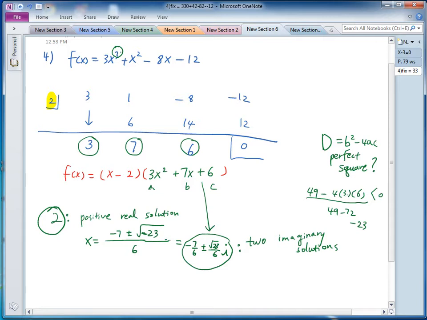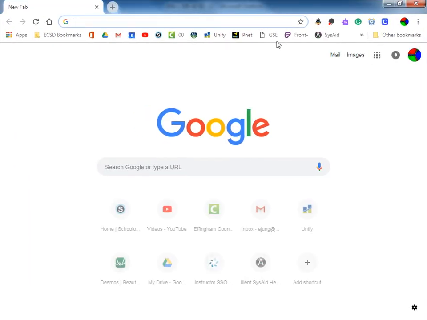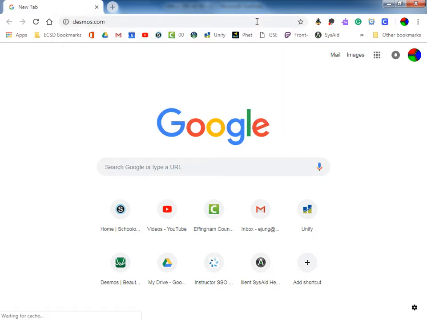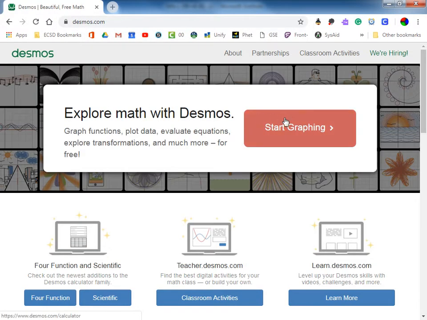And now let me show you how you cheat if you have a TI-84, okay? Alright, here is my calculator, not a calculator actually. Desmos.com. Let's see, I did number 4, right?